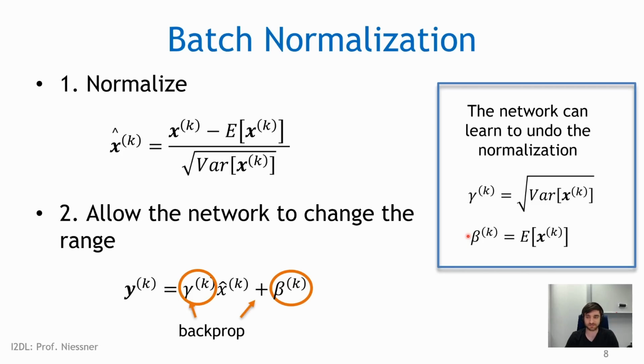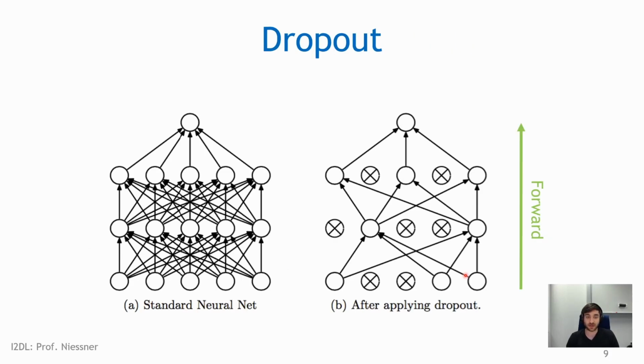The second approach you already heard of in the lecture is Dropout. The idea behind Dropout is that we can reduce the capacity of our network, and that's helpful to regularize it. For example, if we see the network overfitting, so the train error is way lower than the validation error.